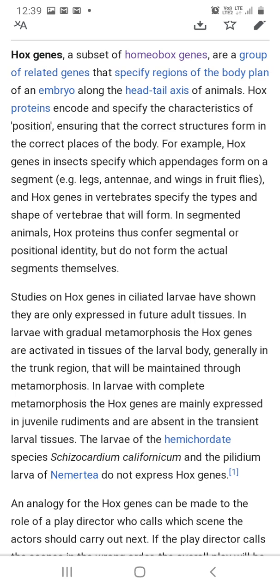One of the most astonishing findings of developmental biology research has been the conservation of genes involved in development pathways.